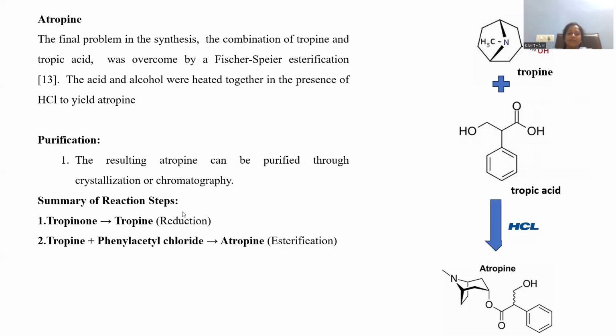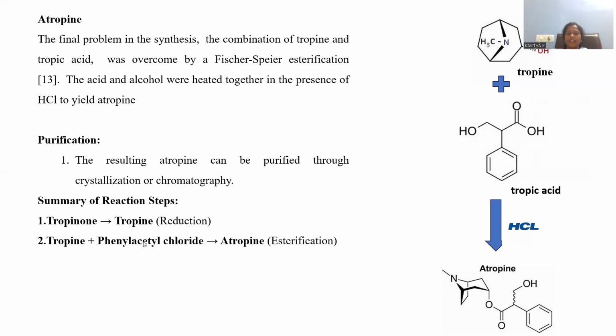Summary of the reaction steps. After purification, a simple glance at what we are doing for the synthesis of atropine. The starting material is tropinone, a ketonic compound, which is simply subjected to reduction, either by lithium aluminum hydride or sodium borohydride, and we get the hydroxy compound called tropine.